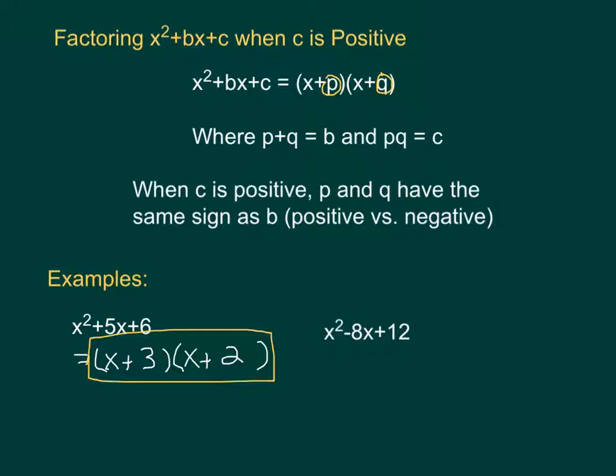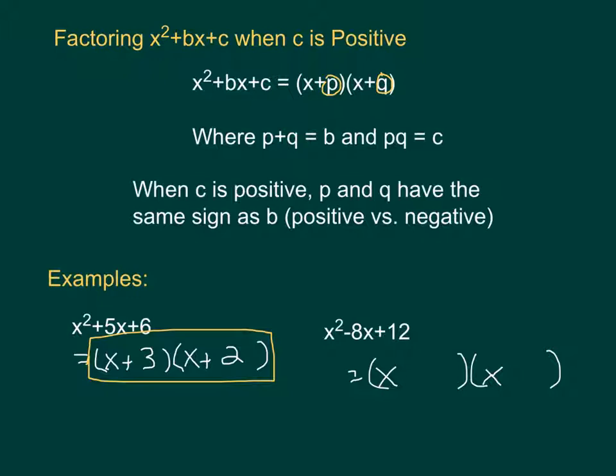Let's try it again with another example. X² minus 8x plus 12. Once again, our constant term c is positive. So I know that when I factor this into two binomials, both starting with x, the signs have to be the same as the sign on my middle coefficient, the term that contains just the x.